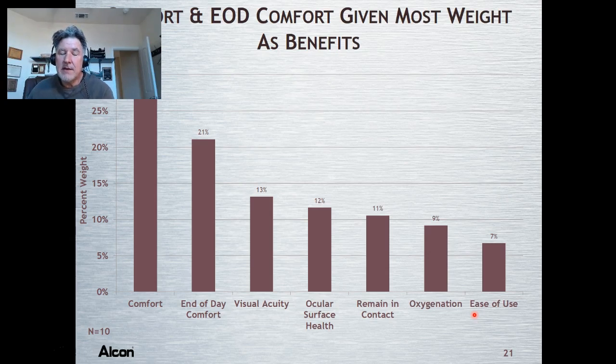This gives us how they would value these benefits in their priority scheme, in terms of which are the most important by weight. In this case, comfort and end-of-day comfort. If you wear contact lenses, the most important thing is whether they are comfortable, but also at the end of the day, because especially as you get older, your eyes dry out, and that is when you tend to run into problems.